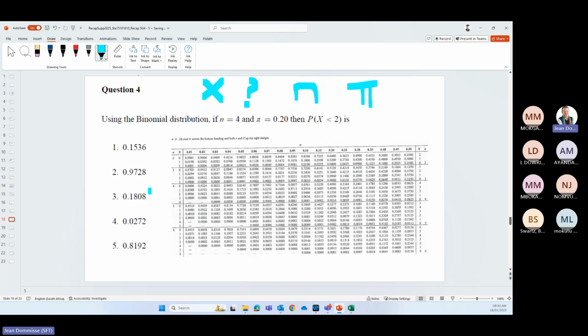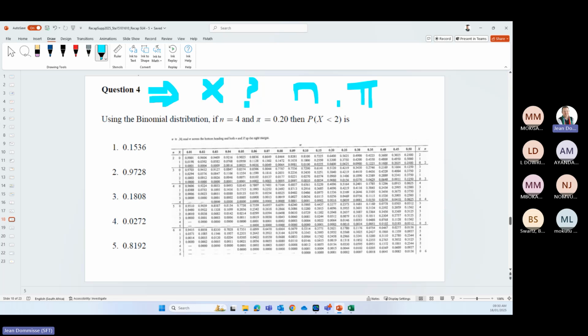Again, important, if you want to use the table, these are the three things that you need. But also, if you want to use the formula for this, that is also what you need to have.